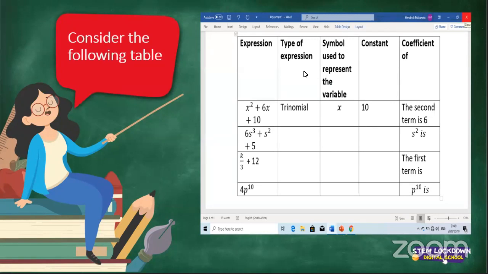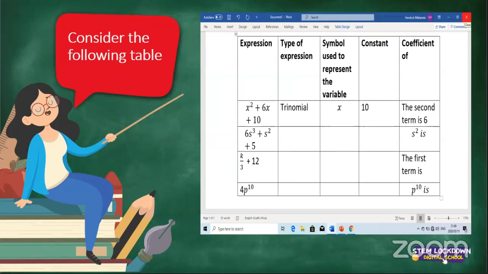Sir, yes, Unkabetsi, please proceed. The type of expression is a monomial. Monomial, okay. The symbol used is P. Sir, I think there's no constant.